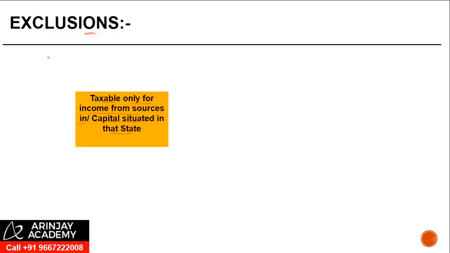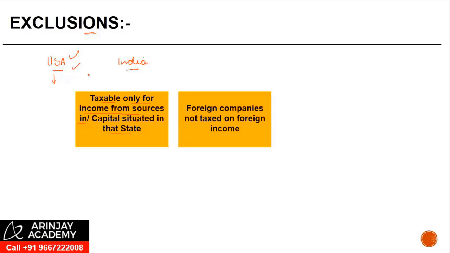So let's say there is a US person who wants to invest into India, right? He wants to claim the benefit of the India-US treaty, but insofar as the US is concerned, he is taxable only for income from sources situated in the US or capital situated in the US. In that case, he is not going to be considered a resident of the US and therefore will not be entitled to the benefit of the India-USA treaty.